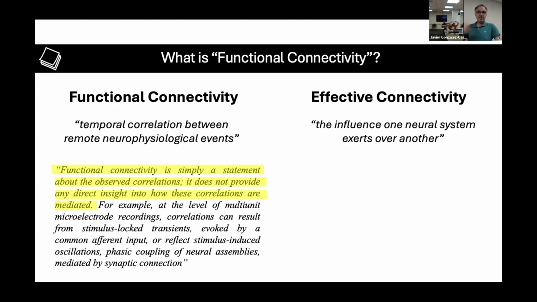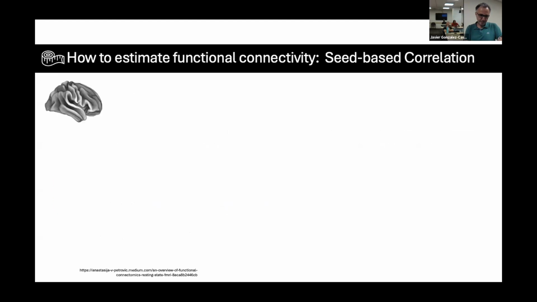It can be just a transient event due to a stimulus. It can be truly that these regions are talking to each other, which is what we would like to infer. But it can also be that they just have a common input that's causing them to have a common signal, but it's not like them talking to each other. So as you prepare your discussion, when you do your first experiment with functional MRI, always keep this in mind so you don't overinterpret the results. I think that's something very important.